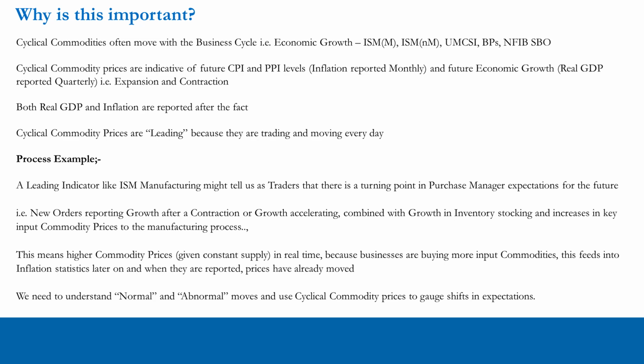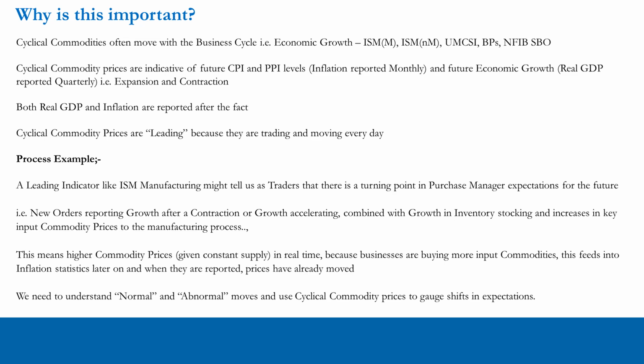Cyclical commodity prices are "leading" because they are trading and moving every day. Inflation is reported monthly and real GDP quarterly, and both are reported after the fact. So let's think of an example here.